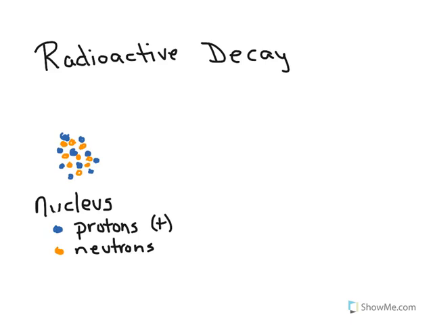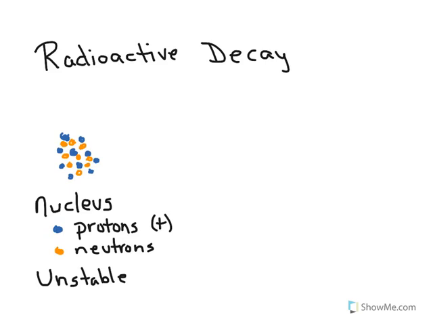Now, because protons have positive charge, and because like charges repel, the more protons you have in a nucleus, the more unstable that nucleus is, because those protons want to push against each other and break apart.